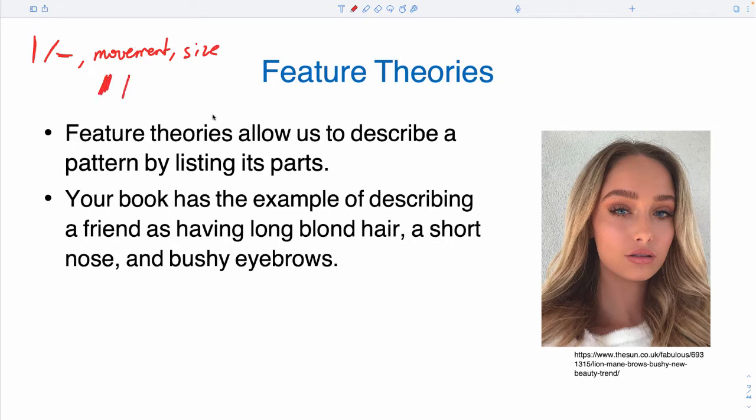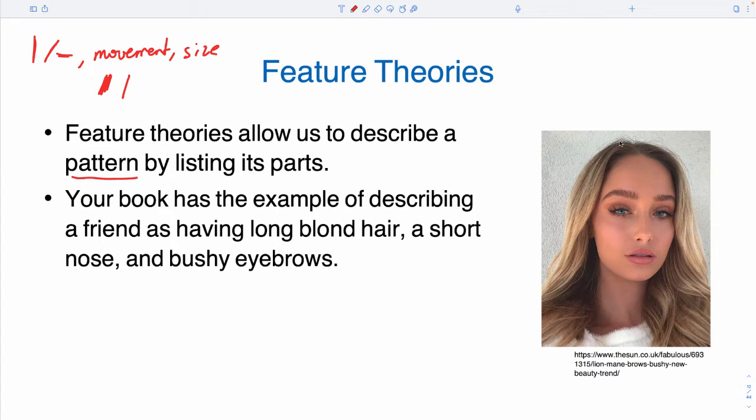And so based on that basic idea that our visual system processes features, we can apply that idea to how we recognize objects then. So feature theories allow us to describe a pattern by listing its parts. So facial recognition involves pattern recognition, right?